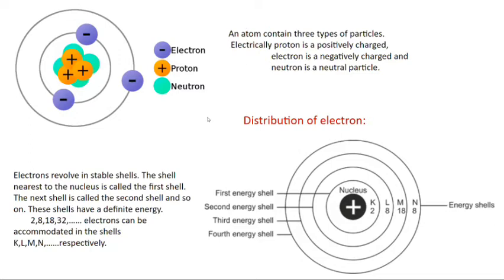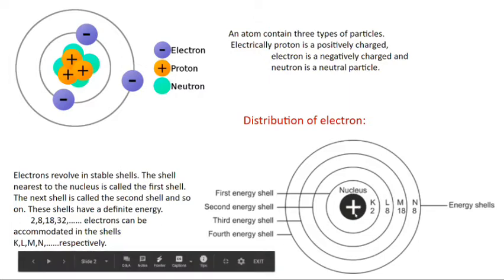Now today we have here, see the distribution of electrons. So this is the nucleus where protons and neutrons are present. What about electrons?